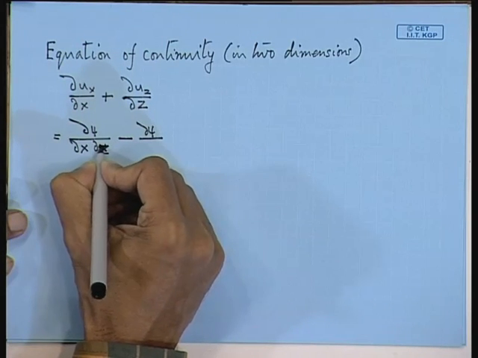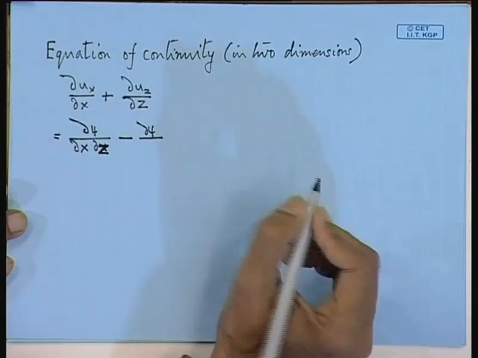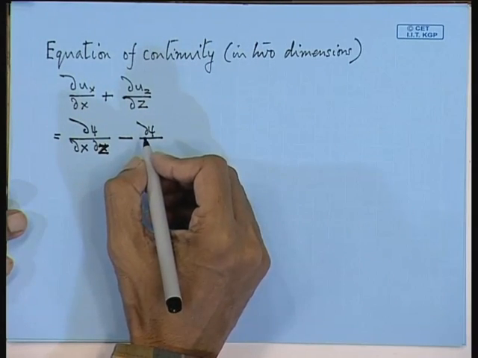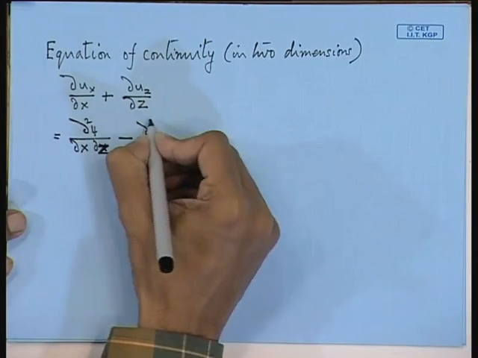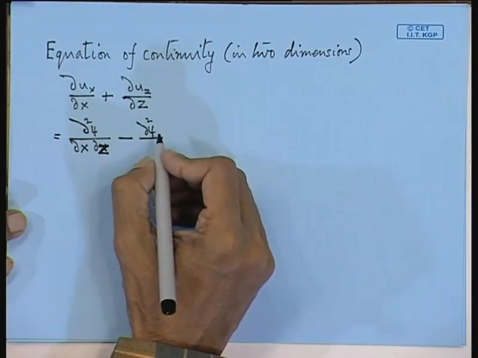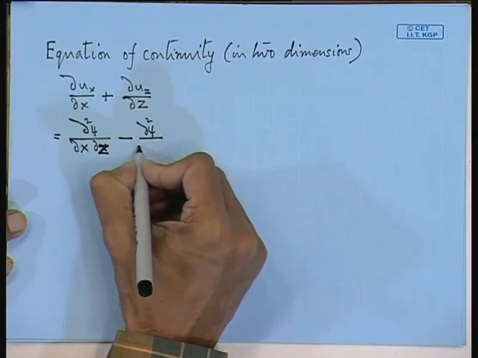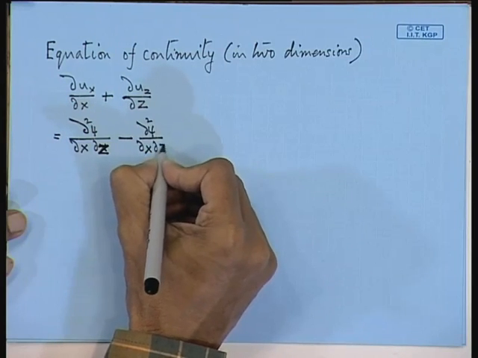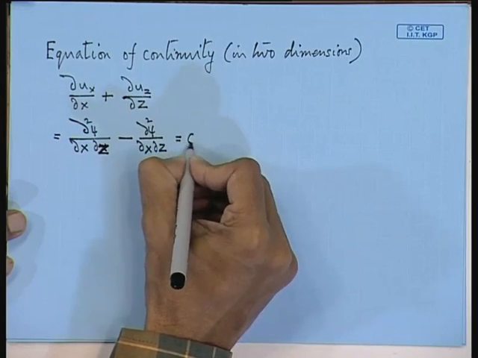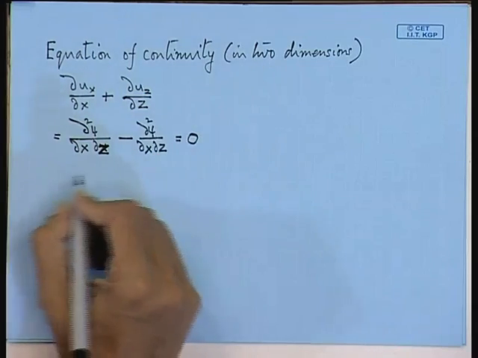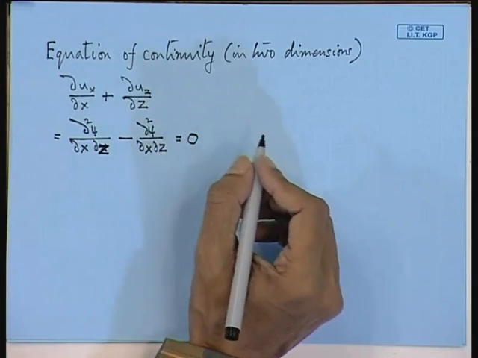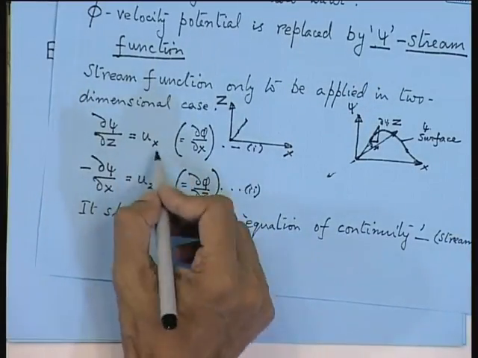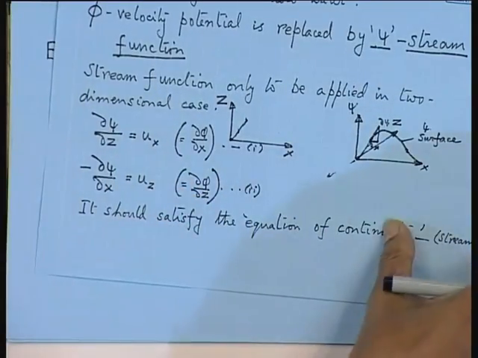There is a mistake actually, this will be del z. And this will be del square psi here. So what will be this? Same thing, isn't it? So this is equal to 0. So that means this satisfies your equation of continuity. So that is why we have written del psi over del z equal to ux and the other one equal to uz.